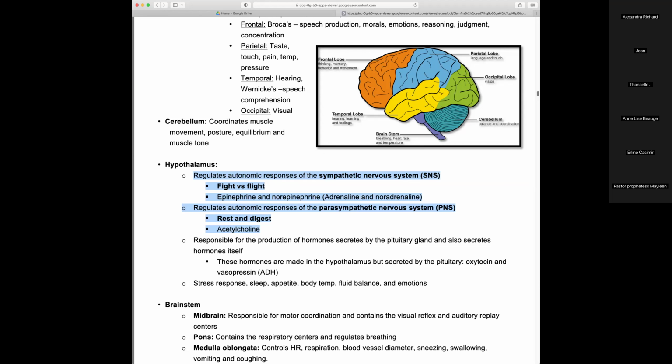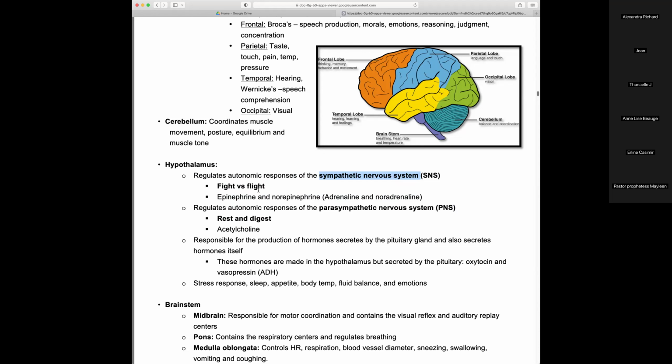I want you to memorize that when you see sympathetic nervous system, I want you to think fight or flight. The two hormones associated with fight or flight are epinephrine and norepinephrine. The other name for epinephrine is adrenaline.